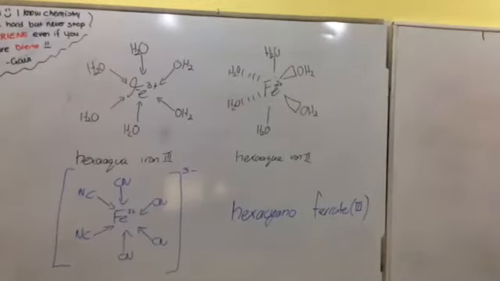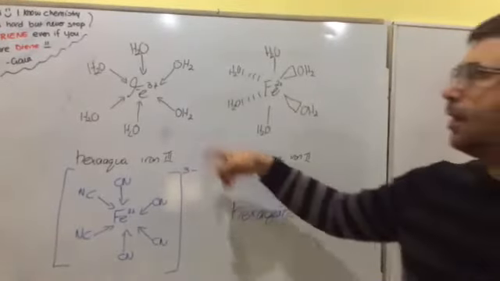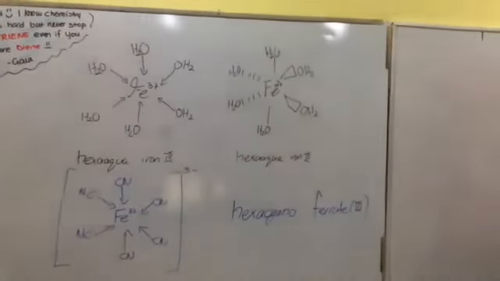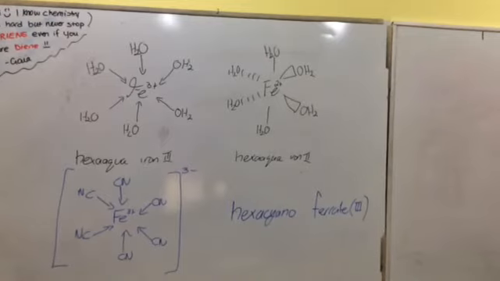We need to make a distinction between a complex that has a negative charge and a complex that has a positive charge. This distinction comes around with the naming. If we have a positive complex, like the first one, we use the English name, iron 2 or iron 3.